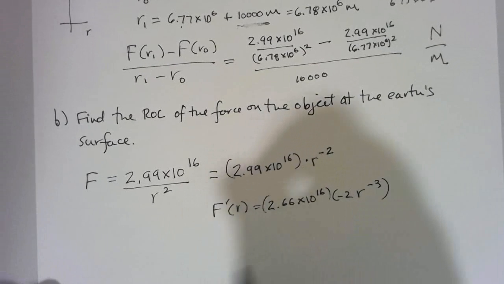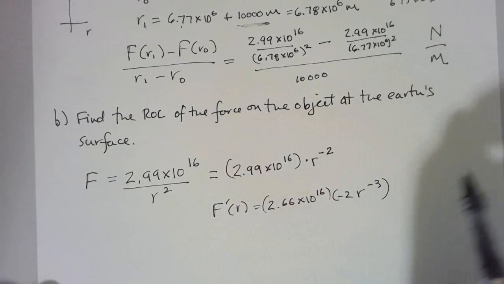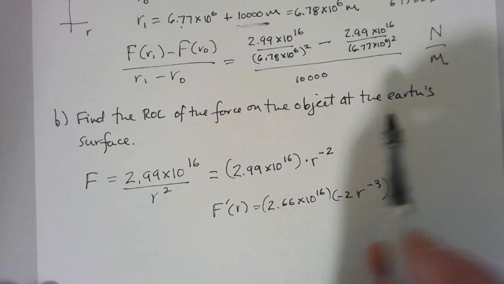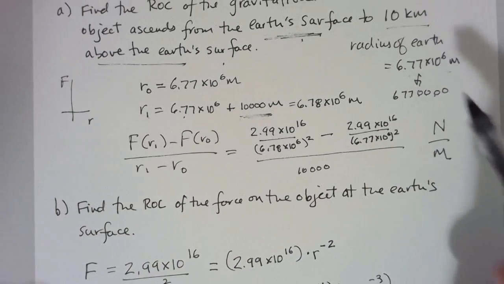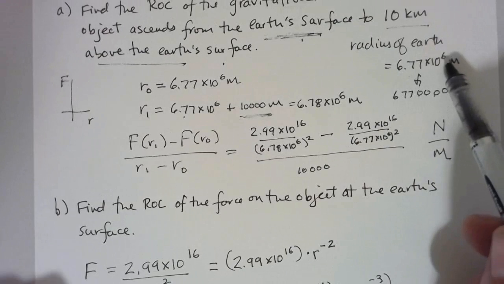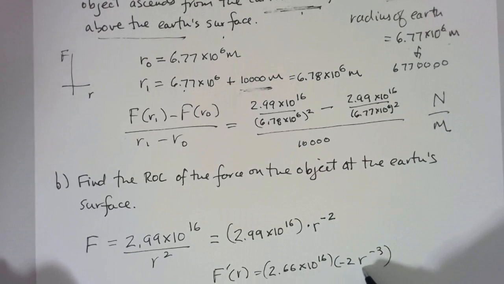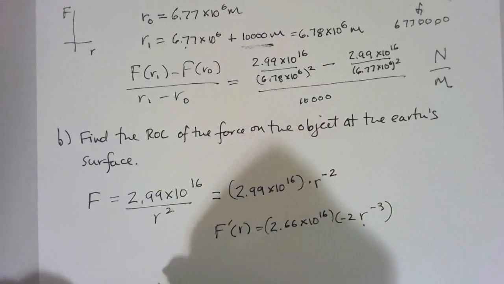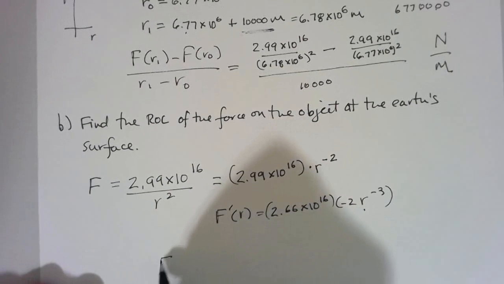And then I want the change at the Earth's surface. And if we go back, the radius of the Earth at the Earth's surface was 6.77 times 10 to the 6th. So that's what I'd have to put in here. And then use my calculator to get the value.